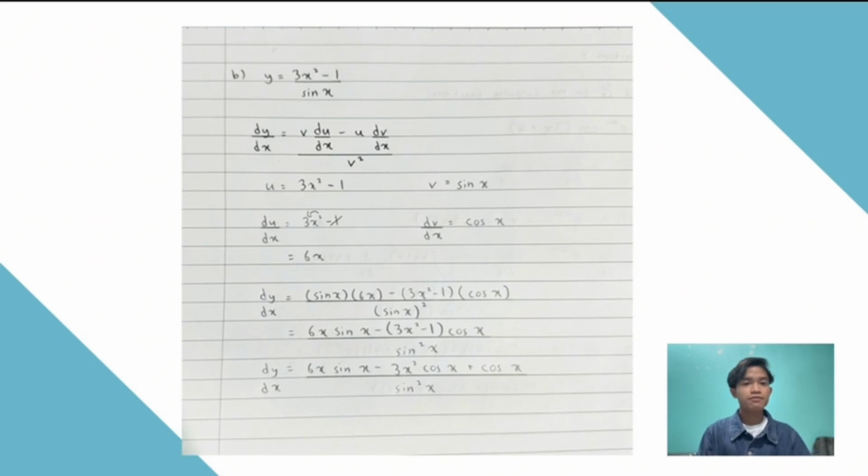First I differentiate u, which is du over dx equal to 6x. Next I differentiate v, which is dv over dx equal to cos x.